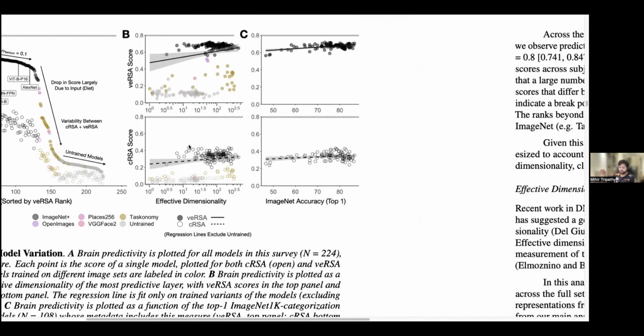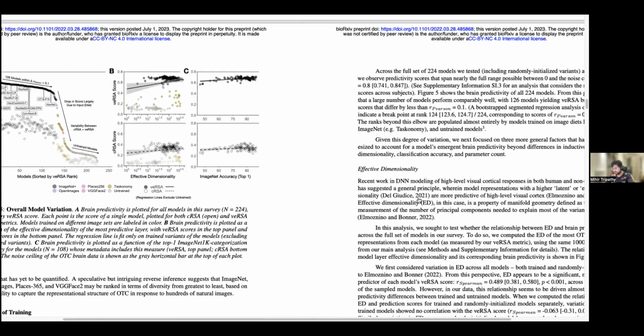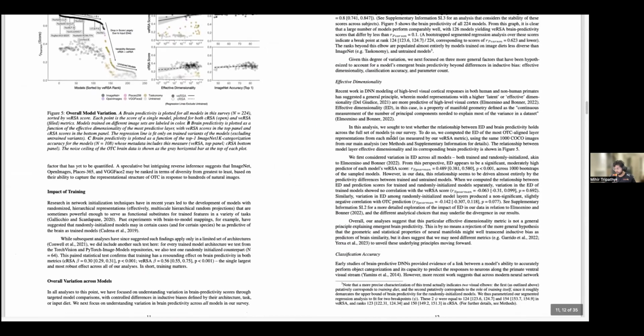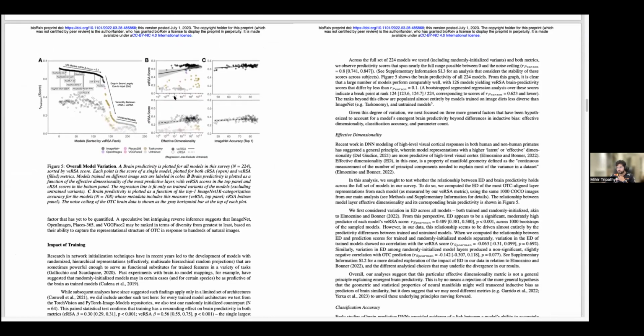It's because the models being compared are either trained or untrained. Trained models have a higher score than untrained models. So it's actually not related to having a higher-dimensional latent space. There is no real correlation on effective dimensionality, and as you go down, there is no correlation in most of the things. It's right here in the graph.